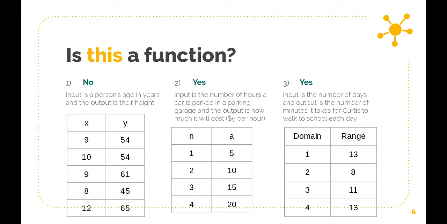But unless he's walking to school multiple times a day, then it's only going to have one output. And then you can see that on the 4th day, he also walks 13 minutes. But it's still a function because each day only has one output, even if that number is the same.